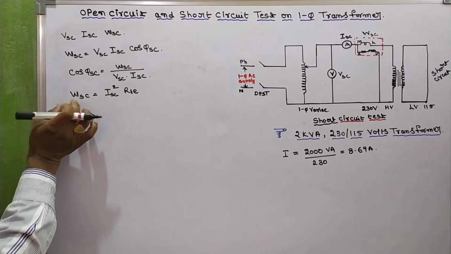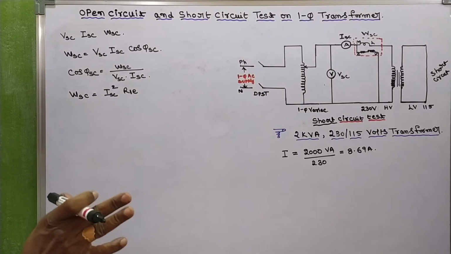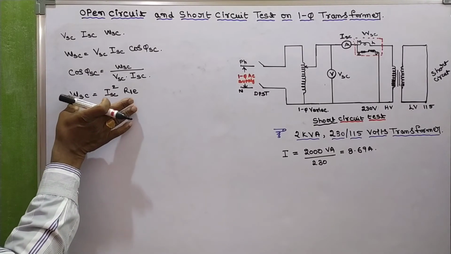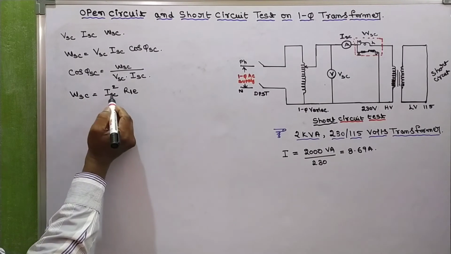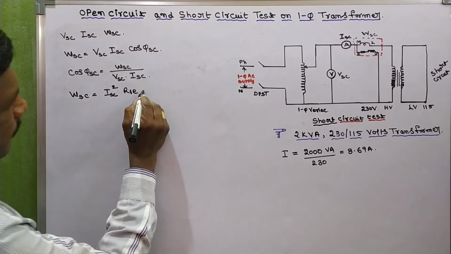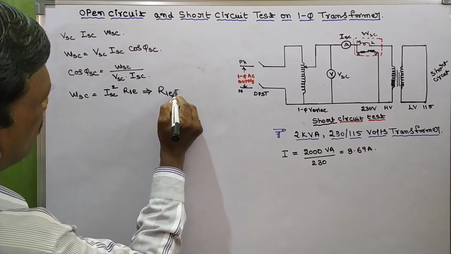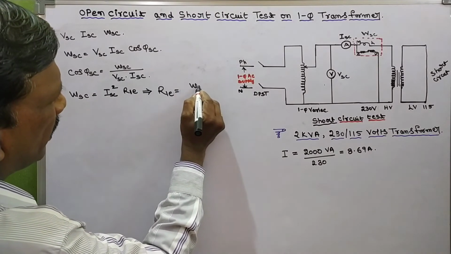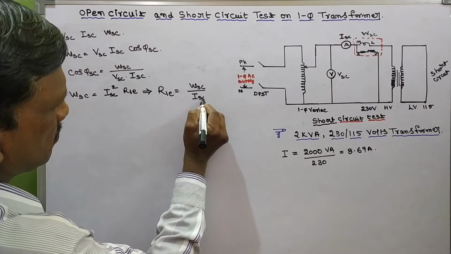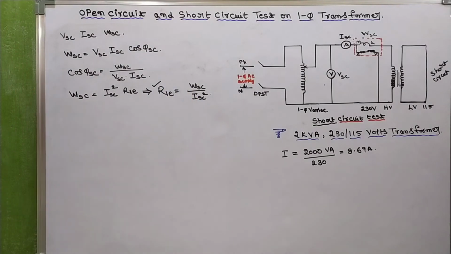Actually WSC is equal to the total copper loss. So WSC is equal to ISC square R1E. With this equation, we may calculate R1E. R1E is equal to WSC by ISC square. So now we get one parameter.